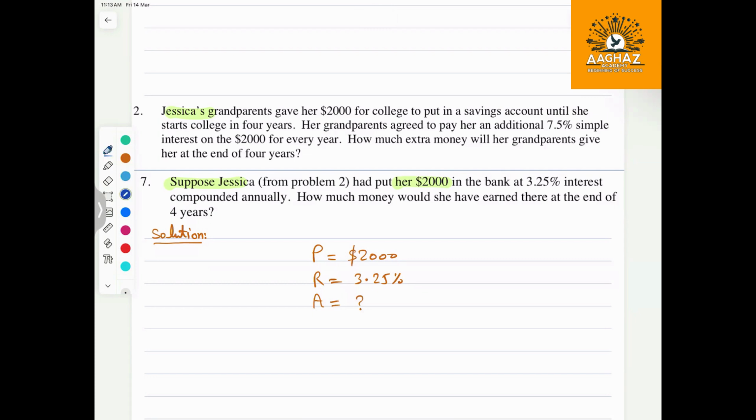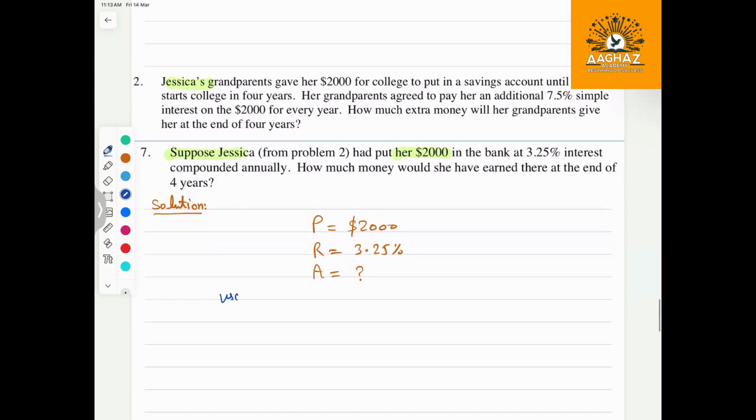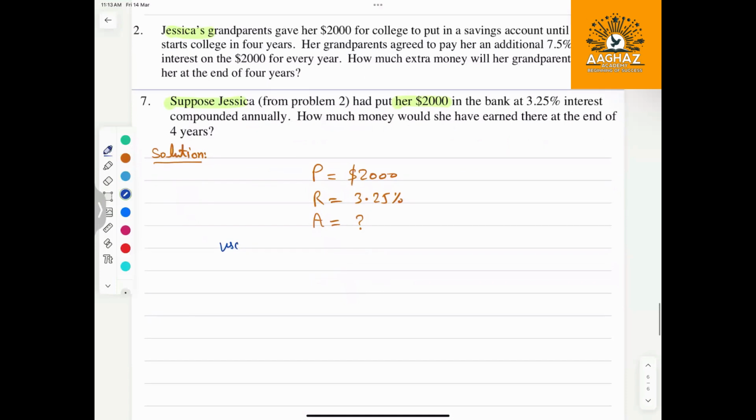So the formula that I will use is A is equal to P times (1 plus R over 100) whole power T. And the P value is 2000.